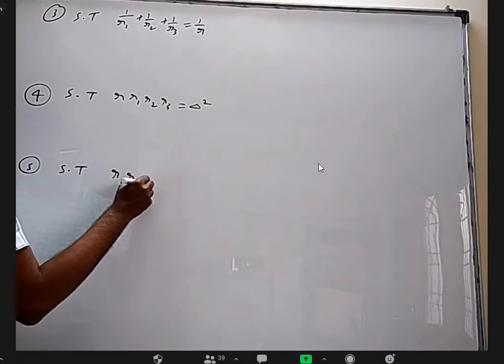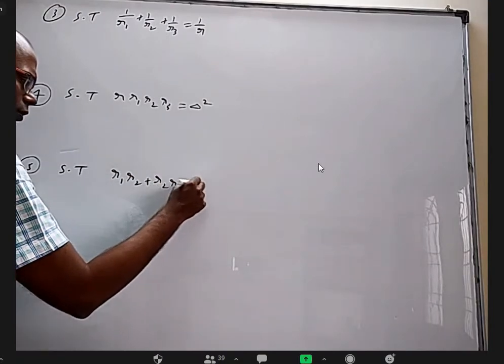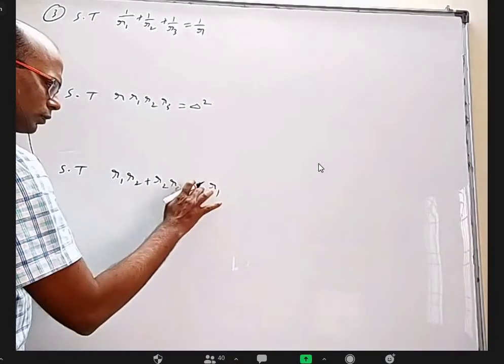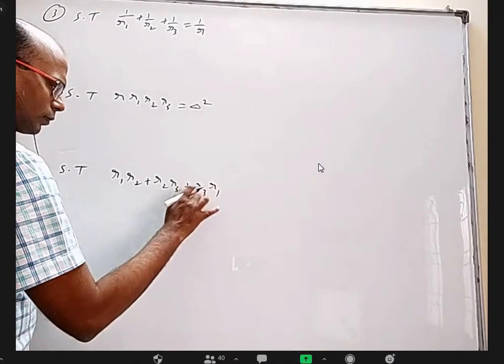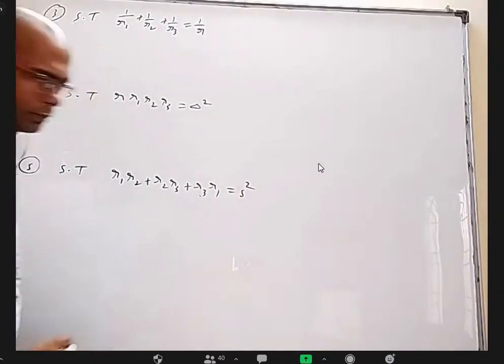Show that R1 R2 plus R2 R3 plus R3 R1 is equal to S square.